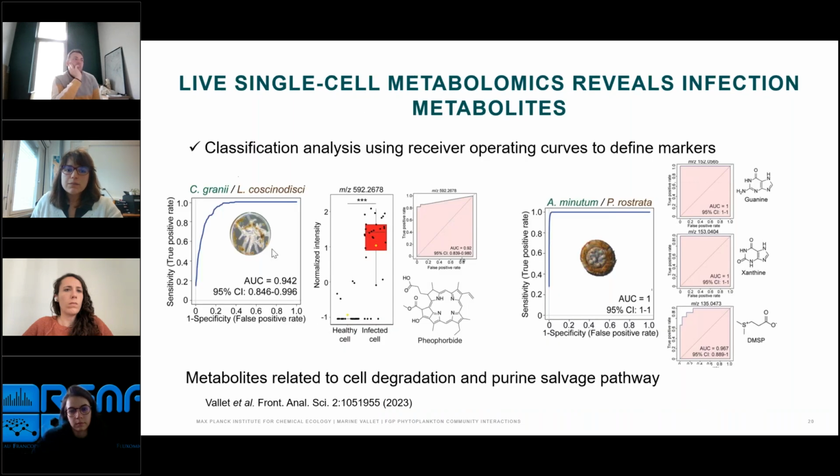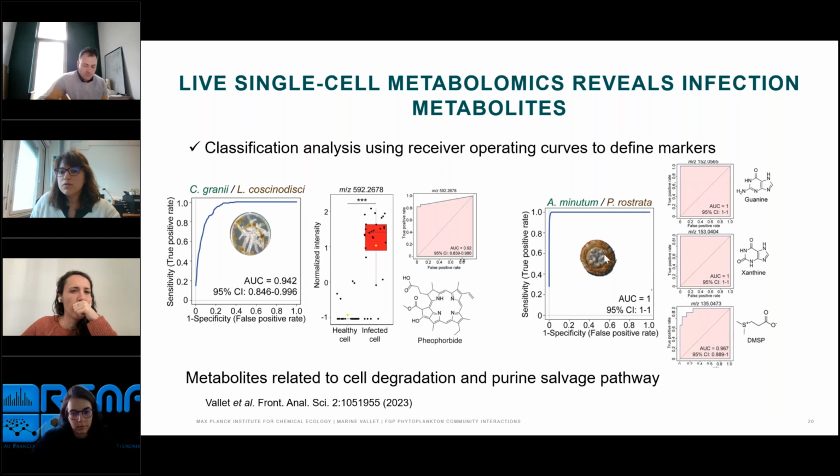And with that, we found and identified compounds that are associated with the infection of the diatom and the dinoflagellate. So, for instance, we found pheophorbide, a kind of degradation pigment that usually arises from chlorophyll.